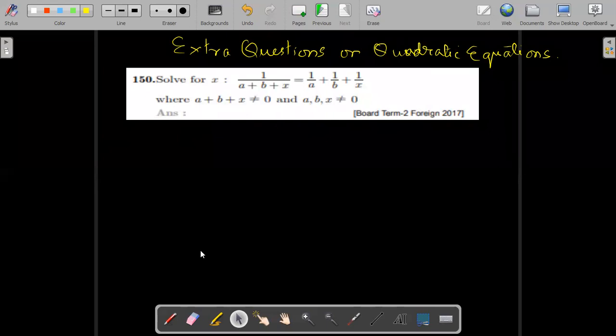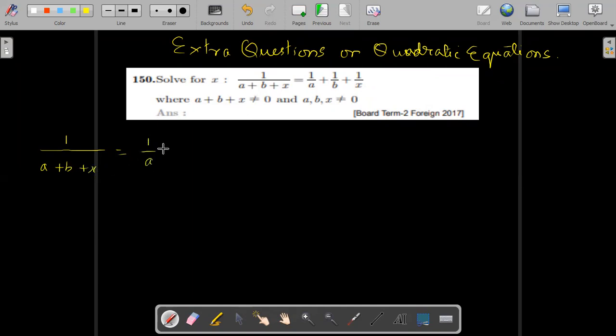Solve this quadratic equation. 1 by a plus b plus x is equal to 1 by a plus 1 by b plus 1 by x. So we have to make a quadratic equation.